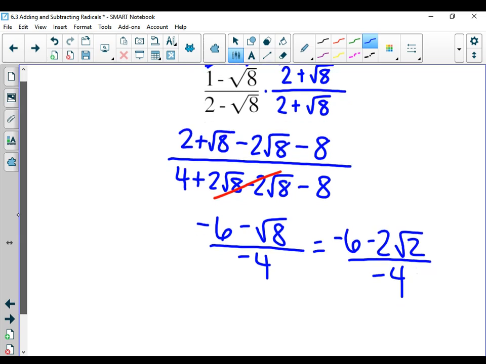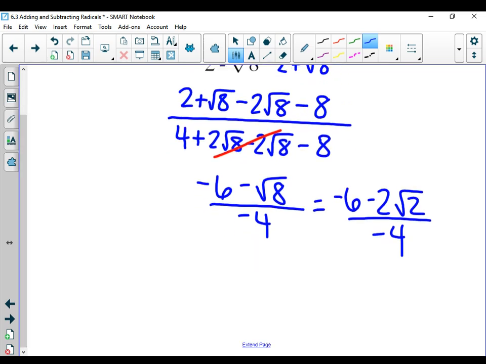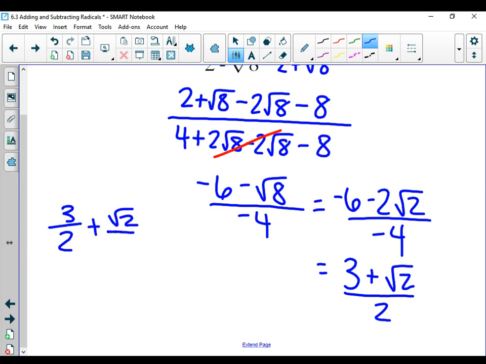So I get 3 plus the square root of 2 all over 2. Or you can write it as 3/2 plus root 2 over 2. Either way, doesn't matter. Okay? Any questions on that one? That one's the big one. That one has everything in it.